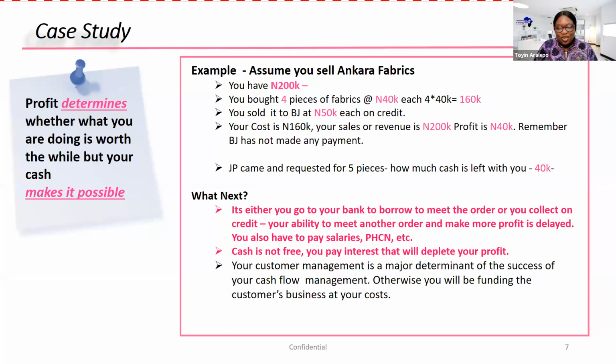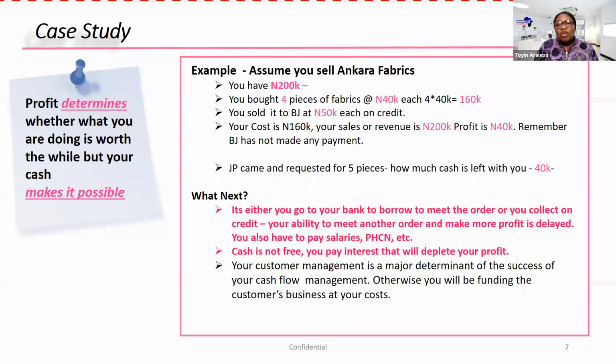No. Why can't he fulfill it? No cash, no fund, there's not enough cash. Exactly. So that's the difference between cash and profit. The business is making profit, but he has not collected the cash.